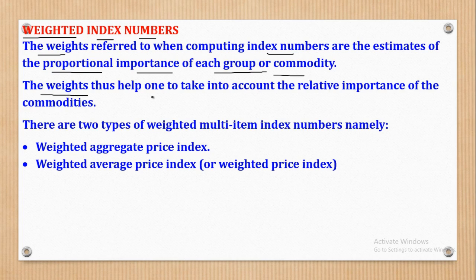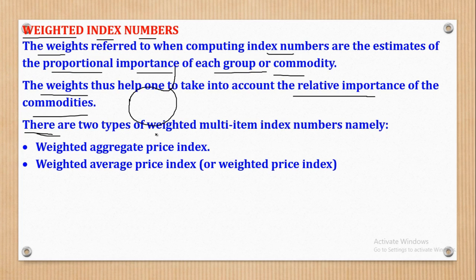So the weights help one to take into account the relative importance of the commodities. For example, if you have a list of items to buy and you want to know the priority, then you look at the weights to identify which one is priority.